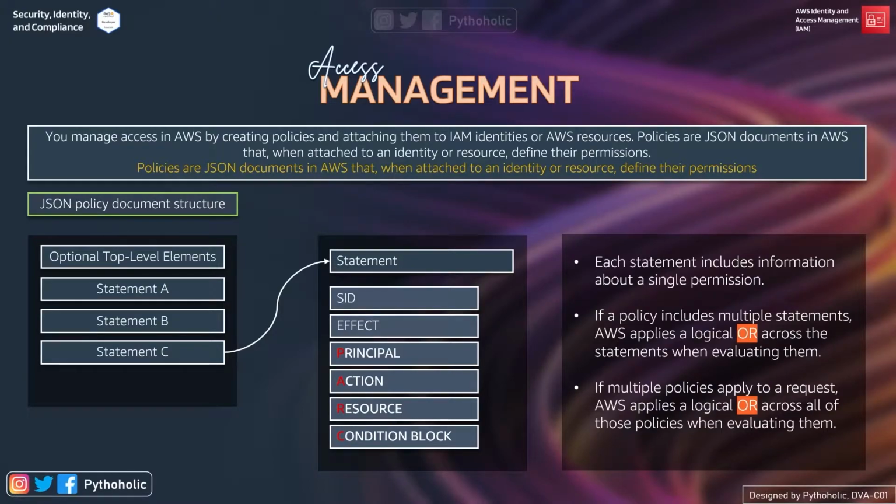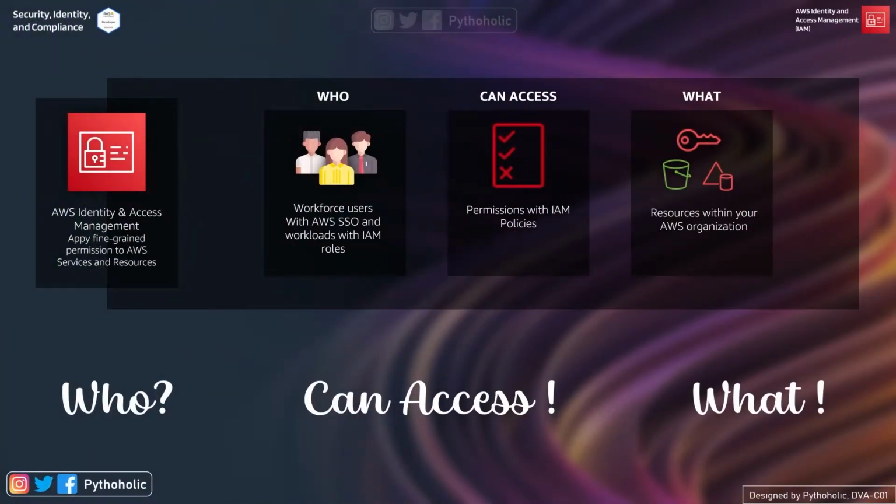But before moving forward, we need to watch this segment again. Do you now understand who can access what? Who is the identity? Who can access is by using your IAM policies. What is the AWS resources within your organization? You might be thinking, why am I pushing these terms onto you repeatedly?